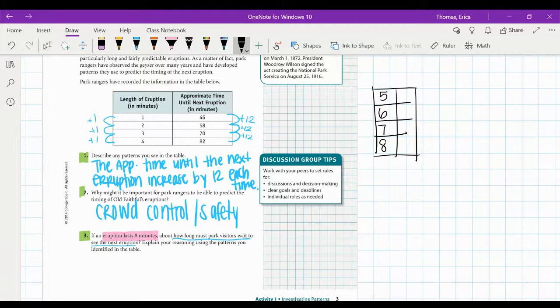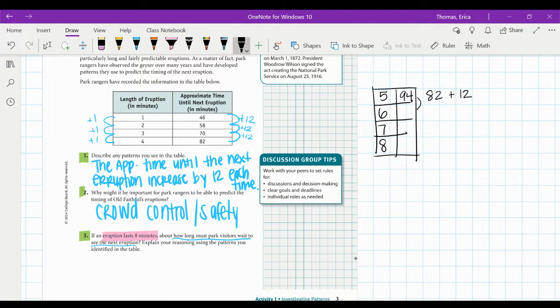Now remember, the length of eruption times are increasing by 1 minute as I did in my table. And then the approximate time until the next eruption is increasing by 12. So the last eruption time that we had was 82 minutes. So for 5, I'm going to do 82 plus 12. Well, that gives us 94.